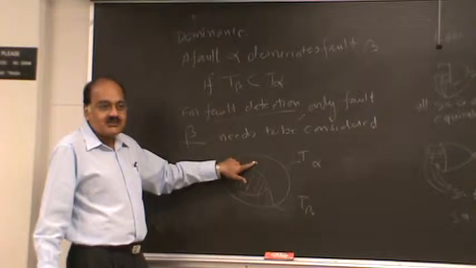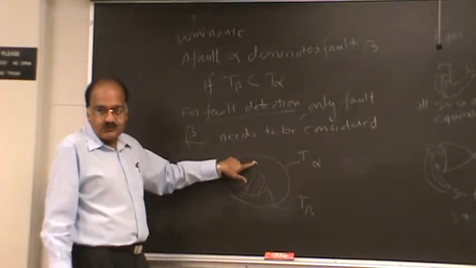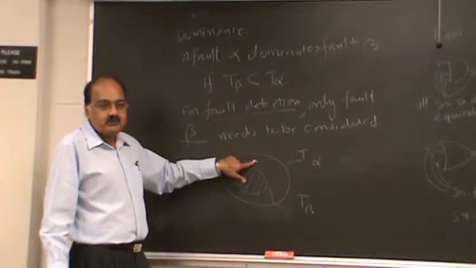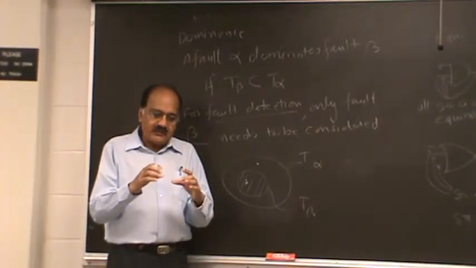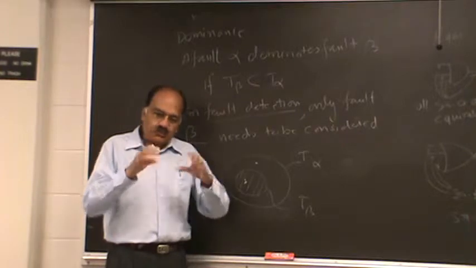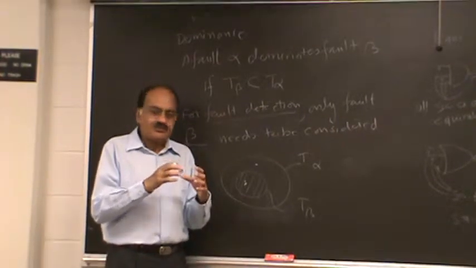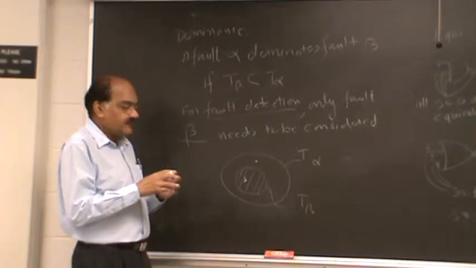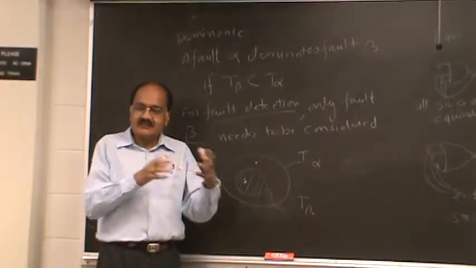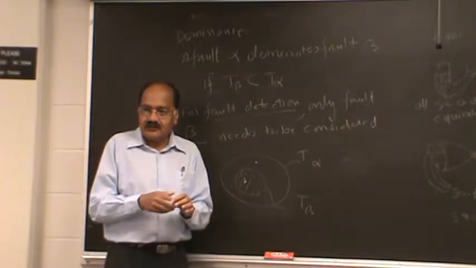And for fault distinction, that's a different issue. But if your objective is simply to do fault detection, that means if you have a unit and you want to know whether it has a fault or not, you don't care which one, then simply use dominance fault collapsing and test for beta. And if the result says that it is bad, you just throw it away.